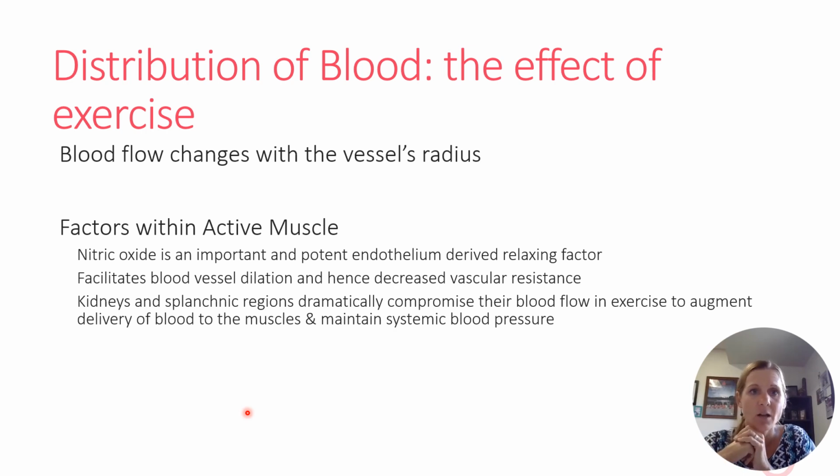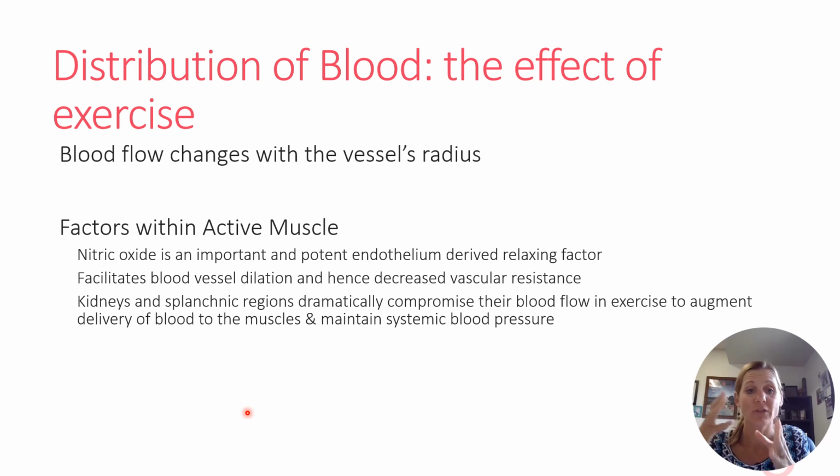So basically, we're going to have more nitric oxide at the muscle level where we're activating muscle. So if I'm biking, for example, I'm going to have a lot of nitric oxide produced as a byproduct in my leg muscles. So therefore, the more nitric oxide that I have, the more vasodilation I'll have in those specific muscles.